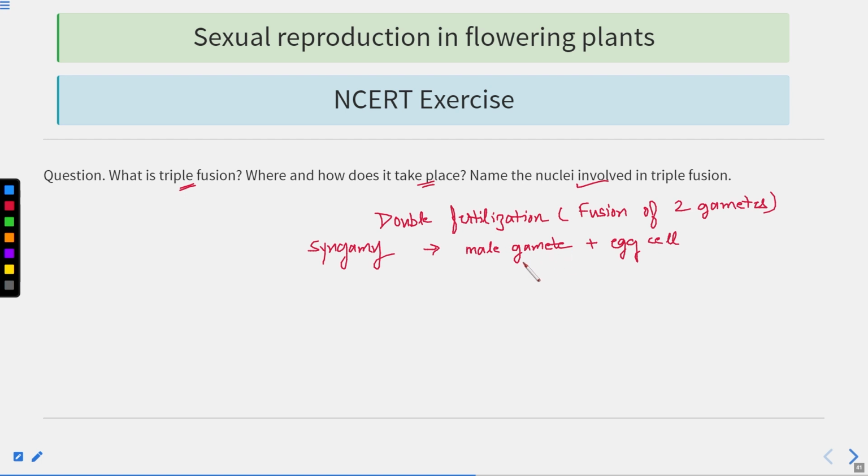One of the male gametes fuses with the egg cell. The male gamete is haploid, the egg cell is also haploid, and this will give rise to the diploid zygote, which is 2n. Zygote is a unicellular diploid structure. Okay, so you can write here, it is a unicellular diploid structure.